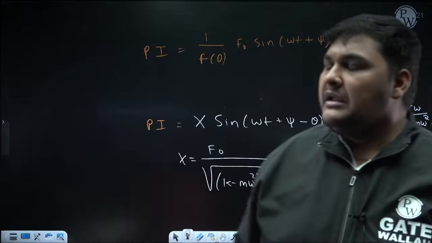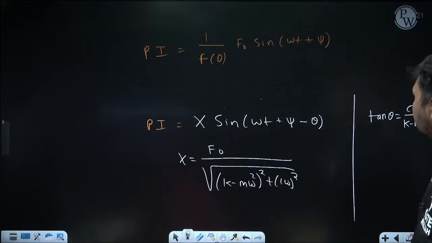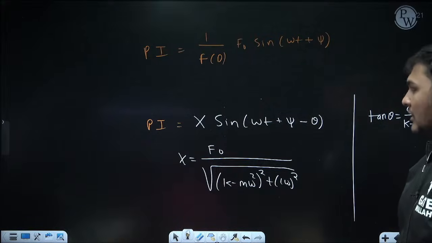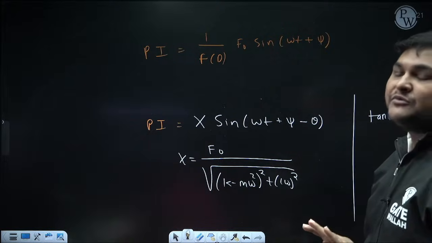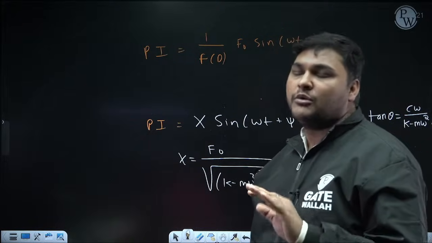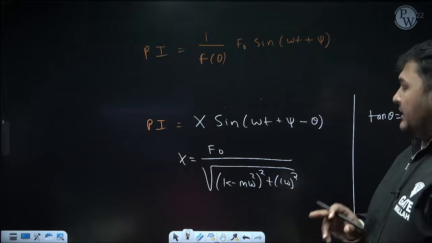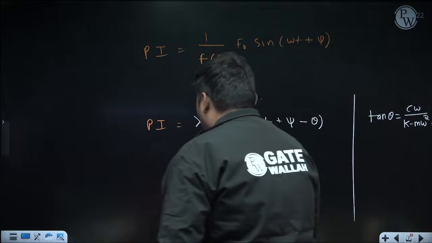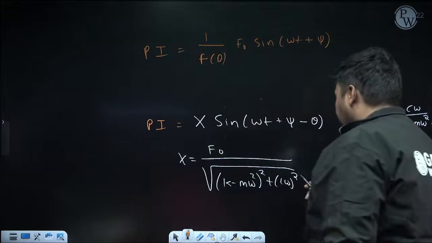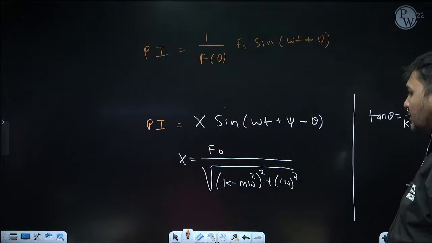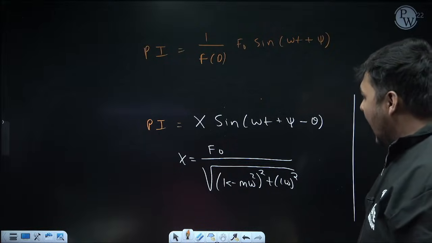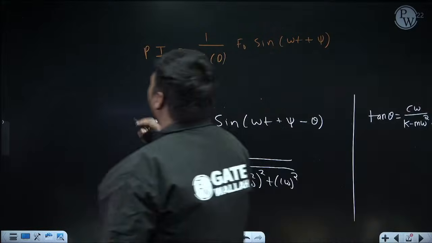But this expression of capital X and theta I am converting into one more form. That second form is more important. For numericals, I suggest only remembering the formula of the second form. See, what we are doing now: first I am converting the expression of capital X in terms of zeta.